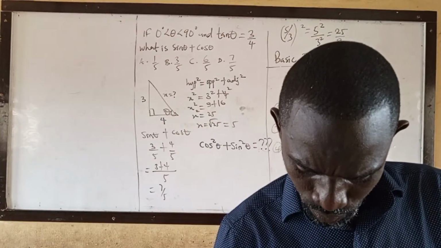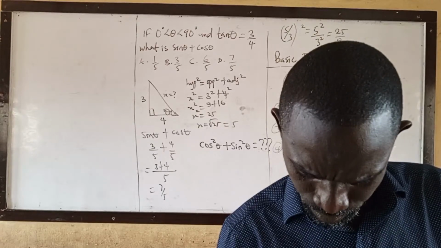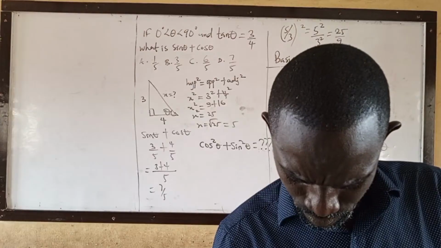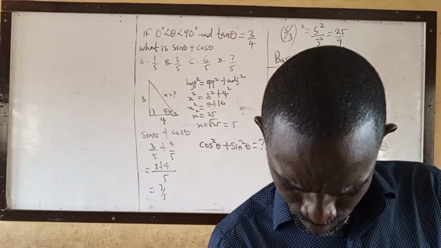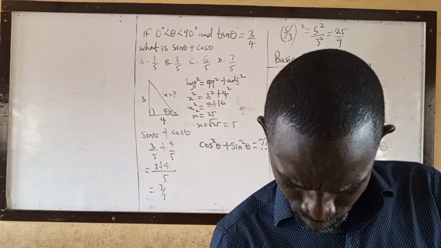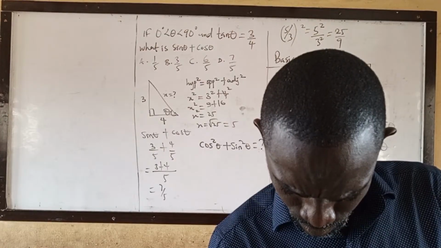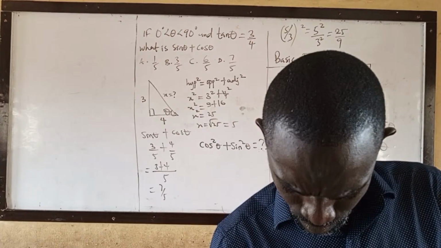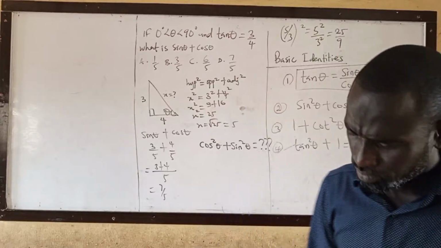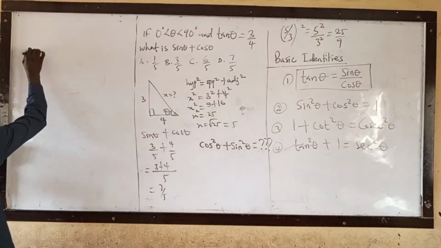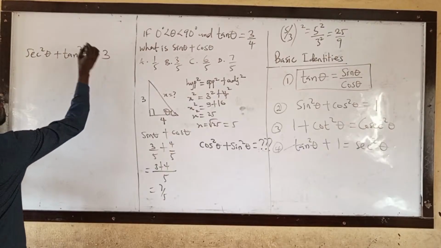What do you get? I'm waiting for you. Sin squared theta plus cos squared theta plus theta equals 3. Find theta.